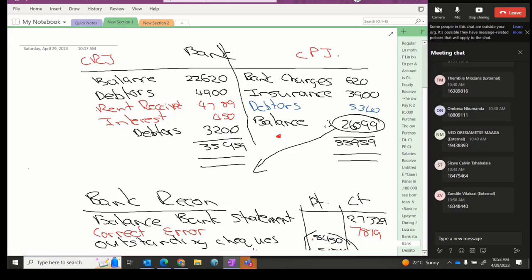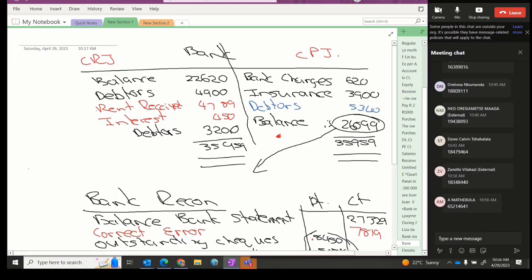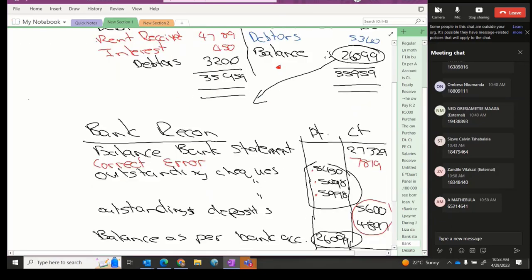The cash payments journal is just a more extensive journal doing all the payments and stuff, but payments are still on your credit side and whatever you received is in your cash receipts journal. So deposits and whatever you receive are on the debit side. So whatever should be on the debit side of the bank must go to the credit side of the bank recon.